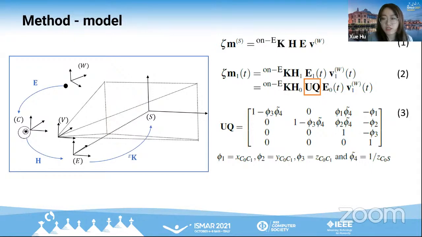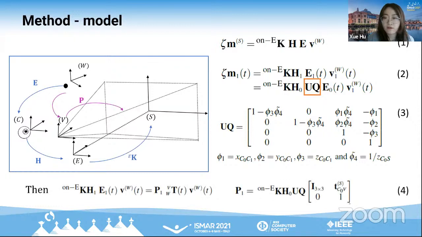The multiplication of UQ can be written as equation 3, where phi 1 to phi 3 are the 3D distances between the old and new viewpoint in the eye display system, and phi 4 is the original eye display depth that can be calibrated offline. So overall, the goal is to find phi 1 to phi 3 so that the off-axis head projection P can be corrected using the expression in equation 4.